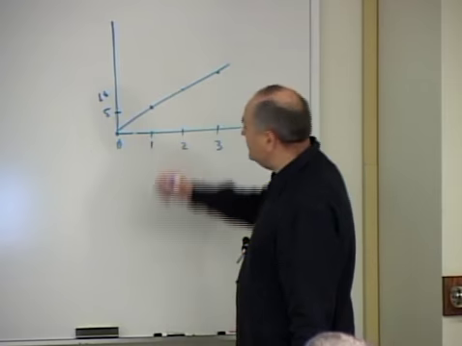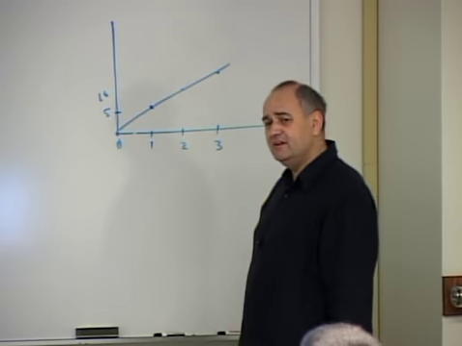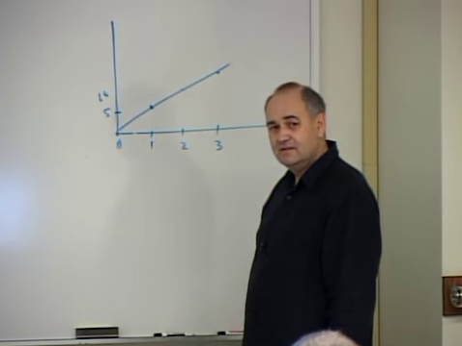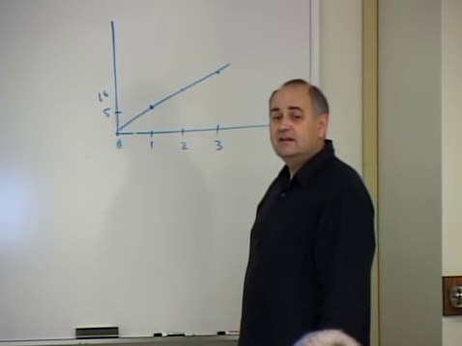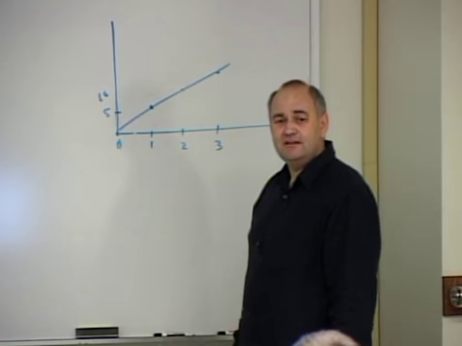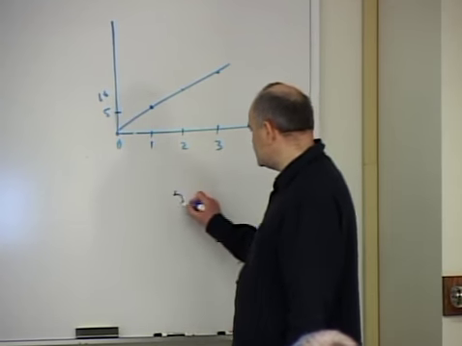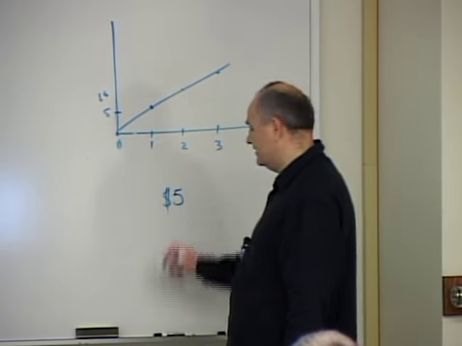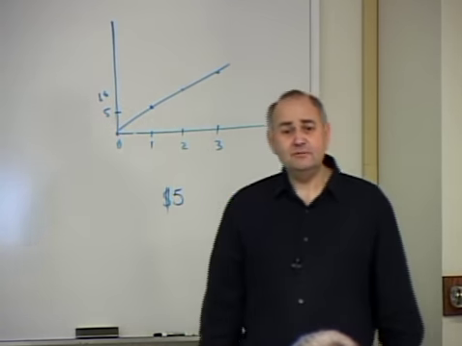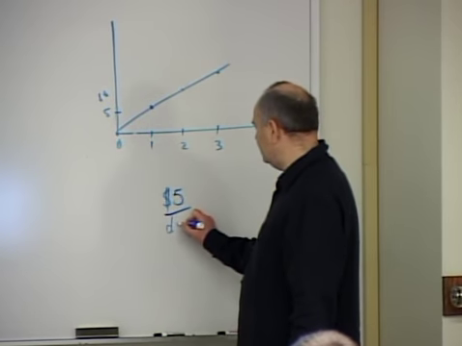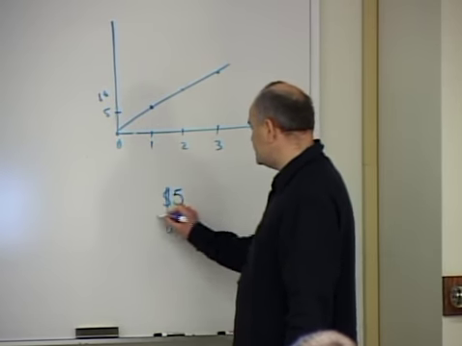Well, if I calculate the derivative of this function, what am I going to get? Horizontal, right? Of what value? 5, correct. What would we call this 5? This is $5 per day.